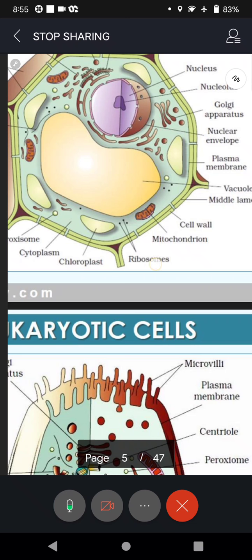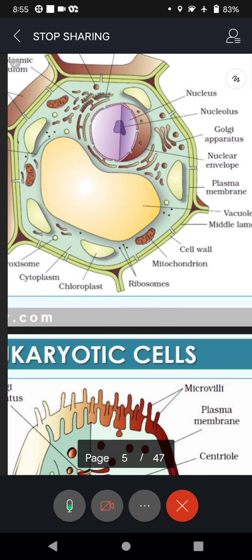Inside there will be finger-like structures, and I said mitochondria are the powerhouses of the cell. They are very, very powerful. Why? They have inside the energy currency, ATP, and this supplies energy.